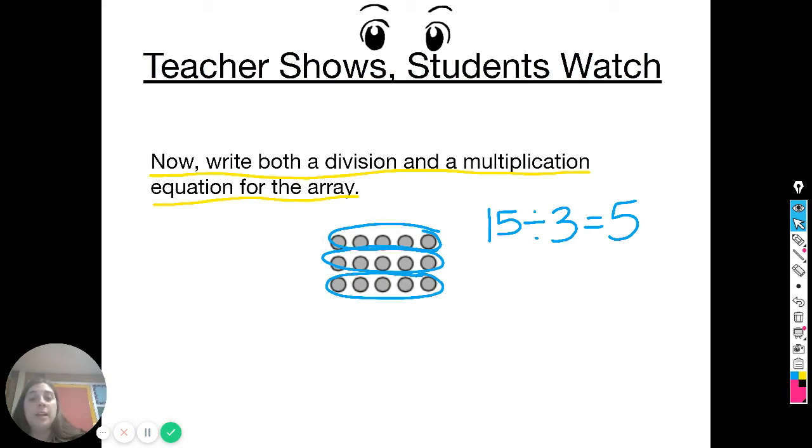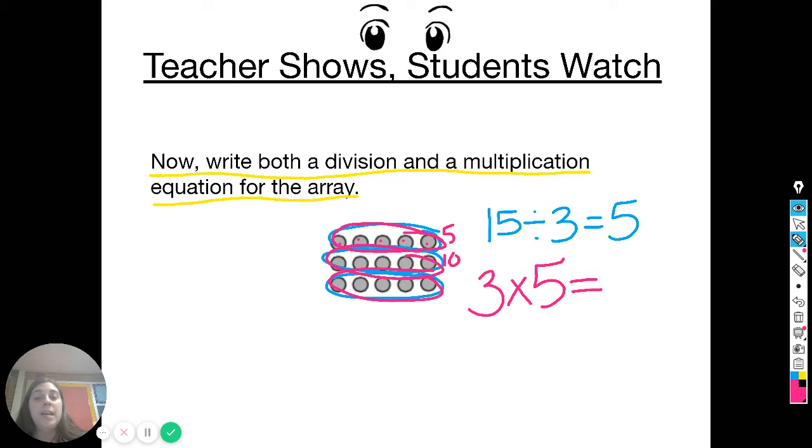Well, we already decided that there are 1, 2, 3 rows, or 3 groups. So 3 will be first. 3 groups of 1, 2, 3, 4, 5. There's 5 in each group. So 3 groups of 5 equals, we can skip count to solve, 5, 10, 15. 3 groups of 5 equals 15.